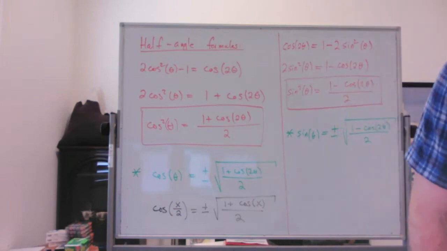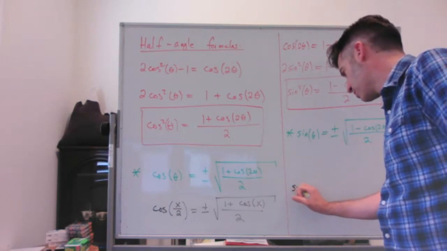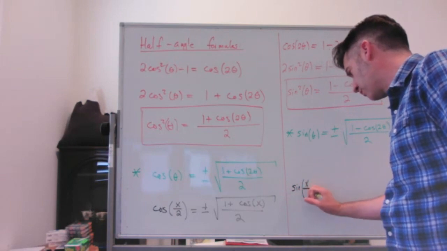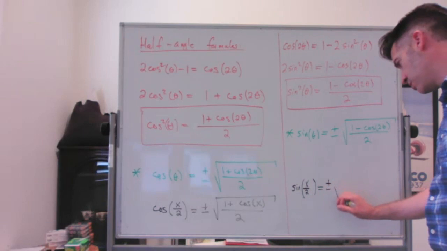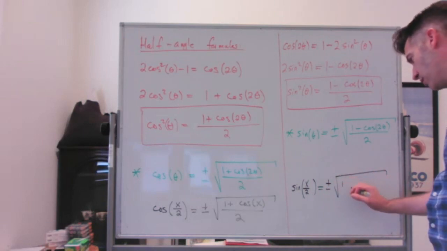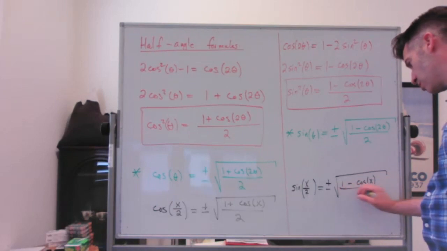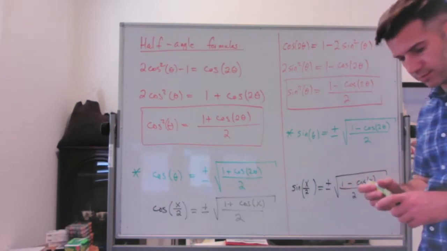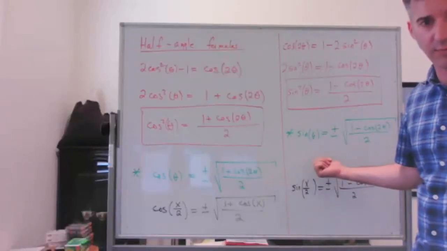Or the alternate version, which is not my favorite, sine of x over 2 equals plus or minus the square root of 1 minus cosine of x all over 2. The green ones are definitely the versions I refer back to.